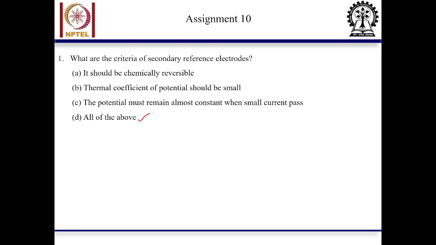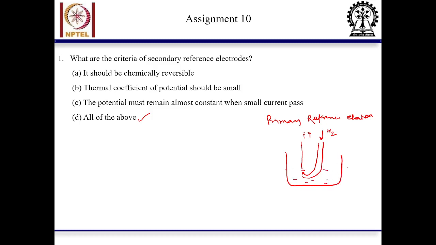So first of all, what is the primary reference electrode? You have here a platinum wire, and you are bubbling hydrogen, and you have taken the 1 molar HCl solution.